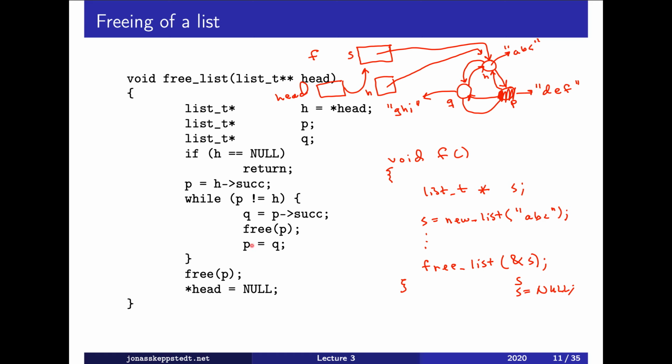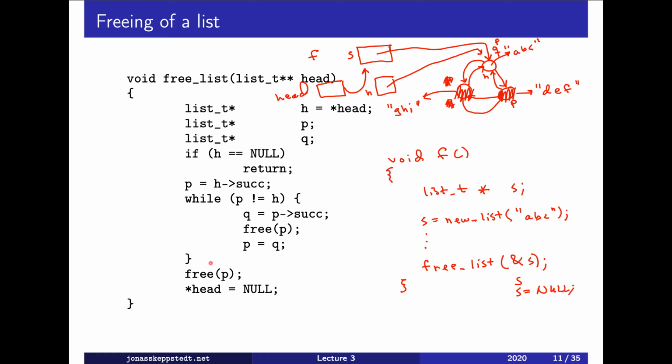Okay, so we have freed the list node, and then we move p to the next by copying it from q. So now both p and q point to the same. We check if p has come to h, and it hasn't, so we do the same again, meaning we give a new value to q, so q is there as well. And then we free what p points to, so it doesn't exist, and then we copy p so that it points to the same as q.